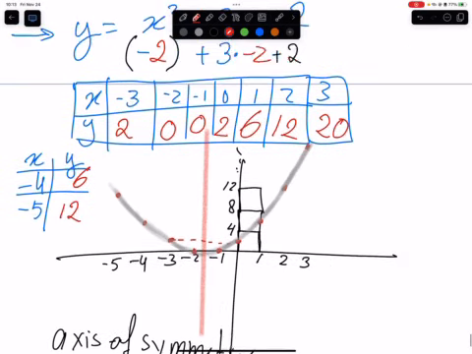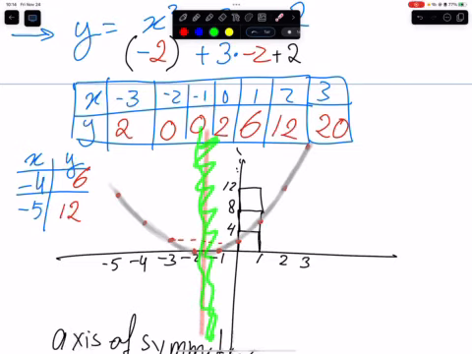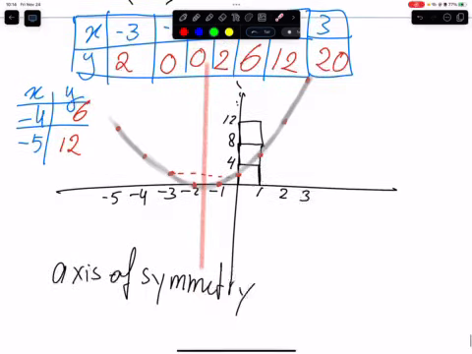If you notice correctly, at -2 and -1, if you continue, the numbers repeat themselves. For example, 2 and 2, 6, 6, 12, 12. So this is technically a mirror. It's a symmetry.